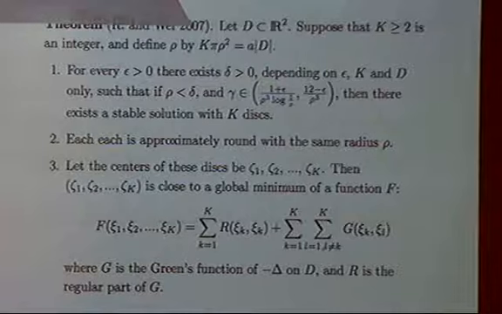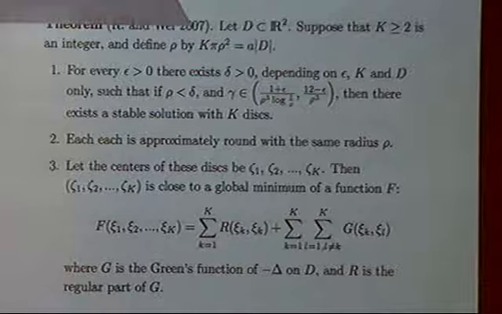For every epsilon greater than 0, there is a delta greater than 0 depending on epsilon, k, and the domain only, such that if rho is sufficiently small, or in other words, if A is sufficiently small, and gamma, the second parameter, is in this range, 1 plus epsilon over rho cubed log 1 over rho to 12 minus epsilon over rho cubed. If gamma is in this, well, not so narrow parameter range, then we can find a stable solution to the geometric problem.